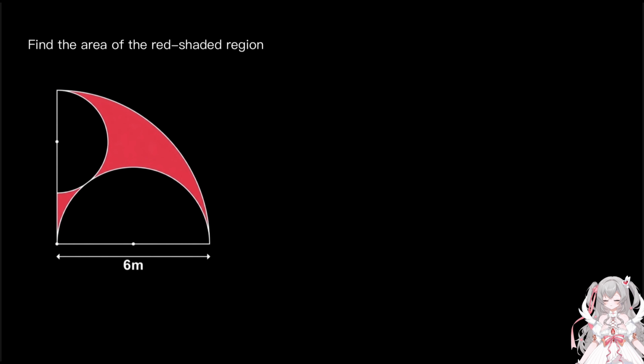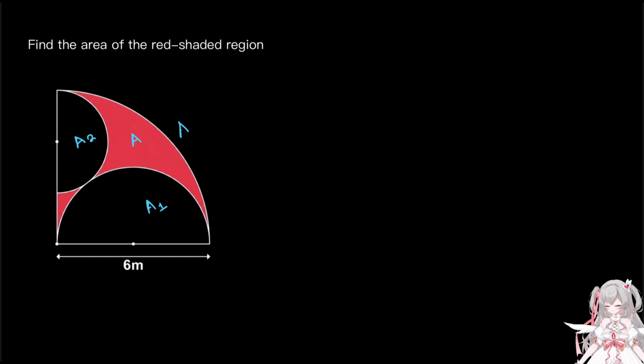First of all, let's label these areas using variables. For example, this semicircle as A1, this as A2, the red shaded region as A, and lastly, the whole quarter circle as AQ.